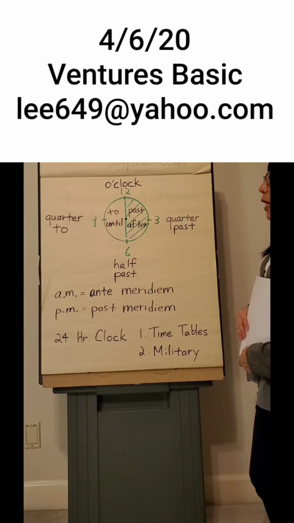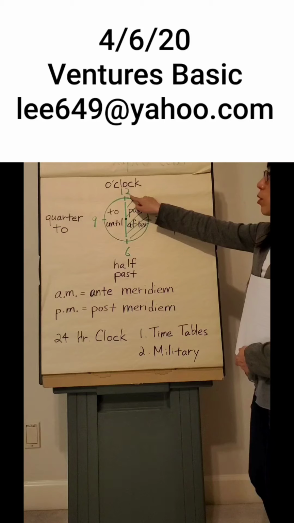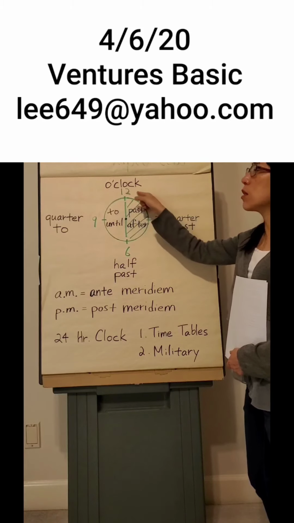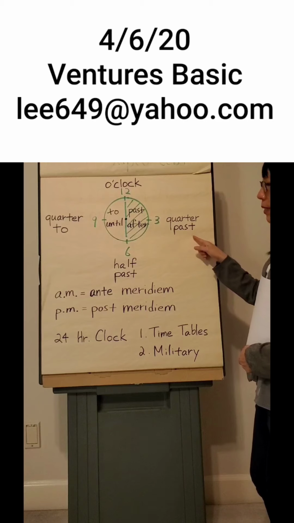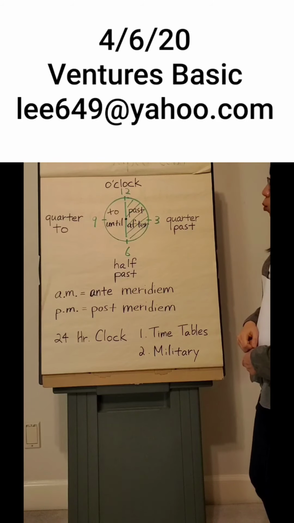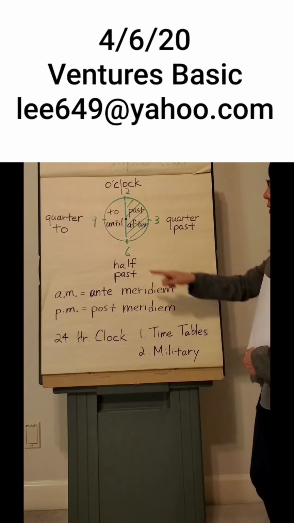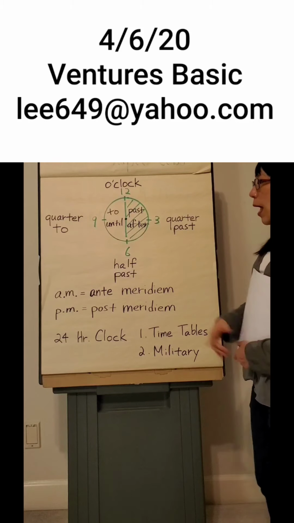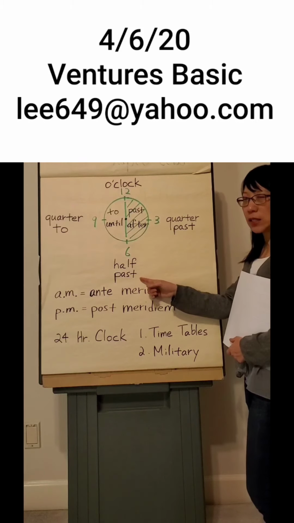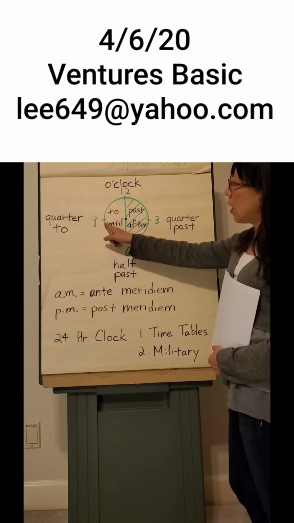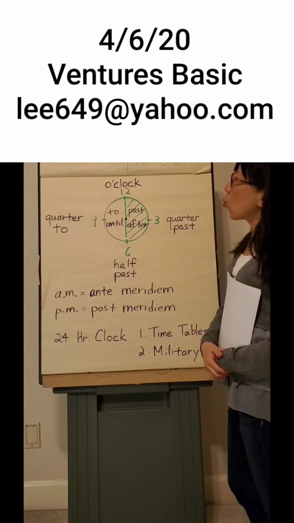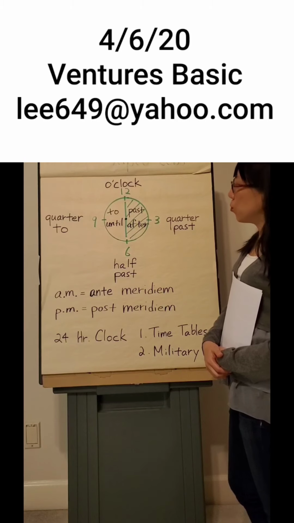When your minute hand hits 12, you read it as o'clock. When the minute hand hits 3, you could say quarter past. And when the minute hand hits 6, you say half past. And when the minute hand hits 9, you could say quarter to.